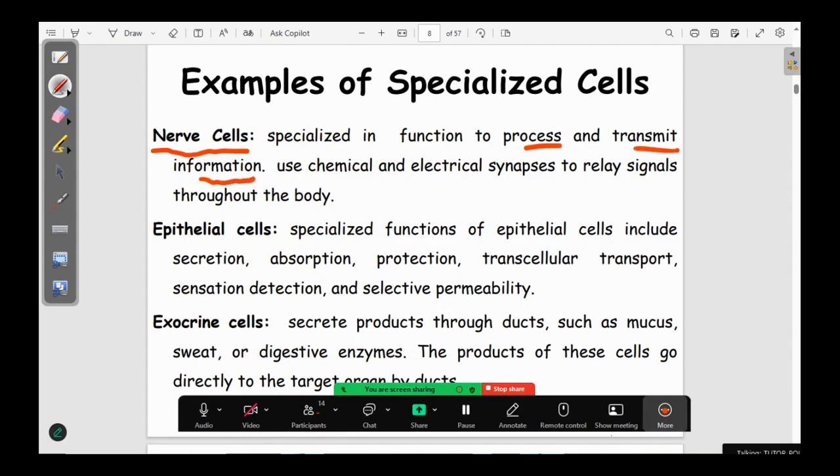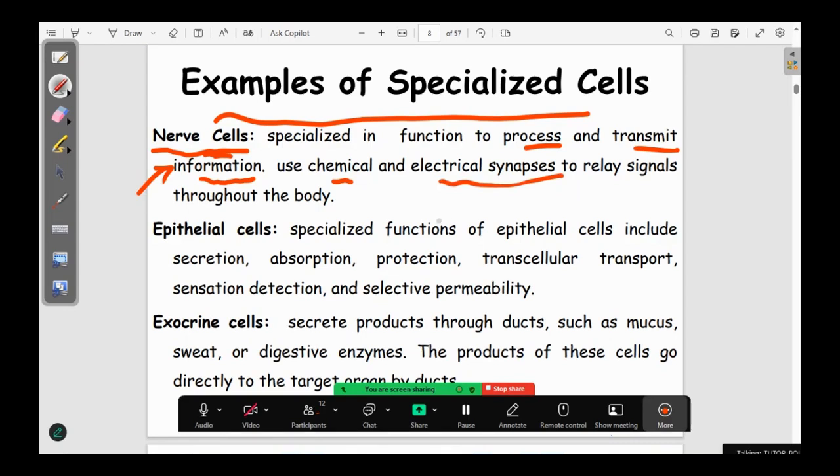They are able to see there, and then they'll send signals to the brain to tell you, oh, you are looking at a screen and there are these weird examples in specialized cells. So the nerve cells are at work. How do they do that? They use chemical and some electrical impulses, or synapses, to send signals throughout the body. So they are very important for transmitting and processing what?